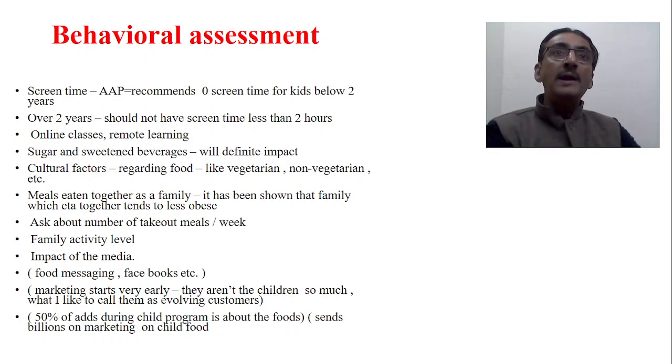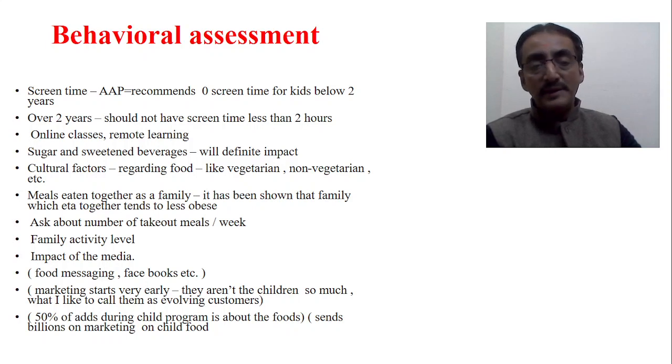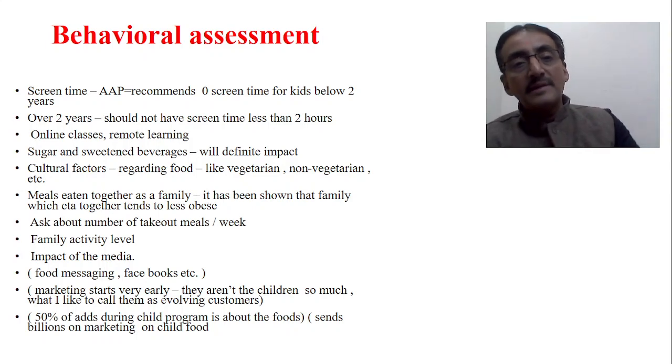They usually give the advertisement regarding fast food and all when any children's program is telecast on TV or in any other print media. So the child who is watching it will get influenced, and slowly starts telling his mom, please bring that. And once he gets habituated to that, he becomes a permanent customer for that particular brand of junk food. So this is exactly what is happening, and all this history has to be taken.